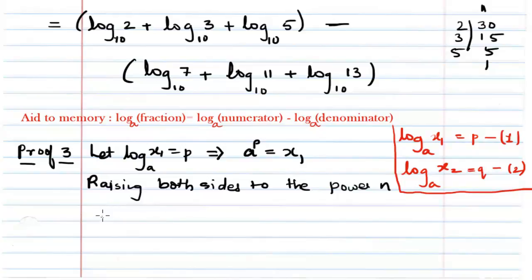This will give us a^p whole to the power n is equal to x1 to the power n. This gives a to the power pn is equal to x1 to the power n.